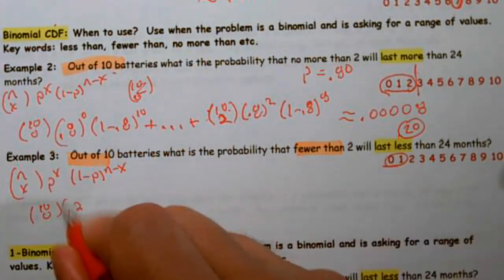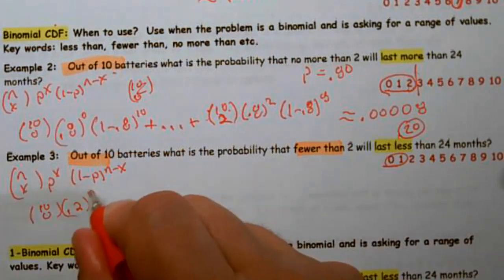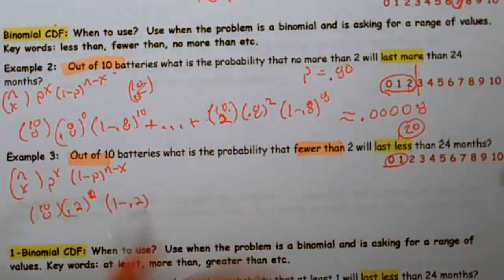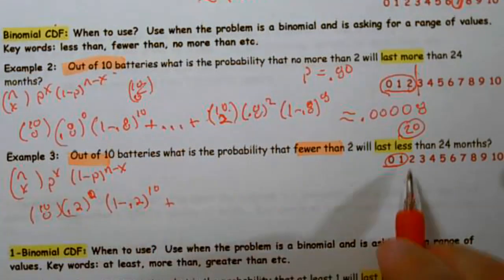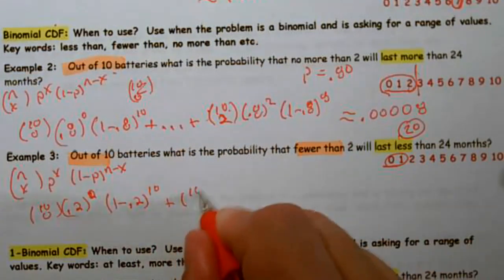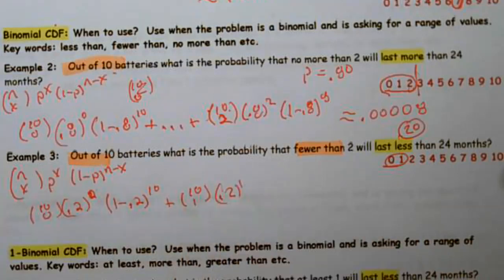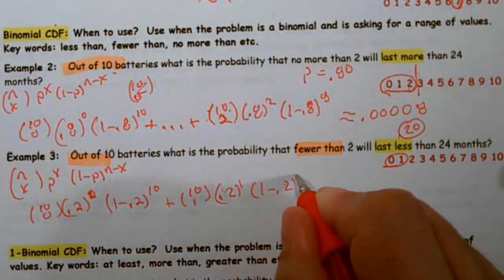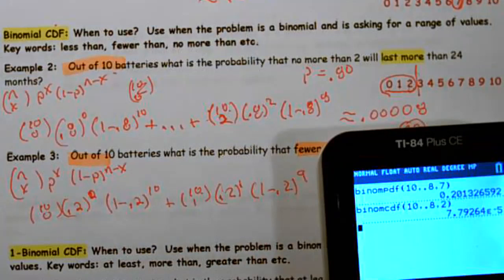So 0.2 to the 0, excuse me. 1 minus 0.2, 10 minus 0 is 10, plus 10 choose 1, 0.2 to the first, 1 minus 0.2, 10 minus 1 is 9. All right, so that would be our work shown.